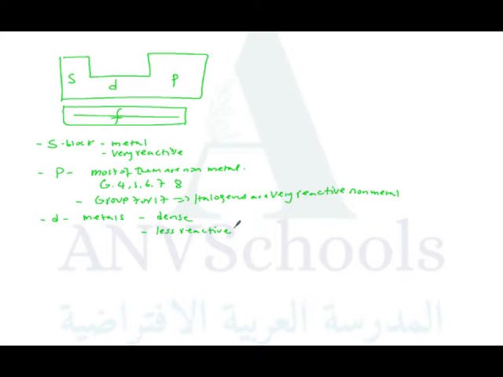It exhibits different colors. And the F block, especially the lanthanides, are very reactive metals, and they resemble each other very much.